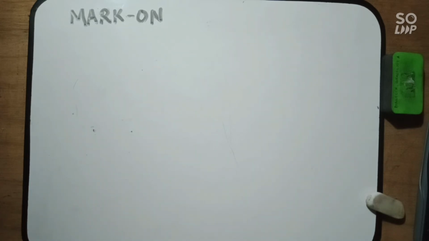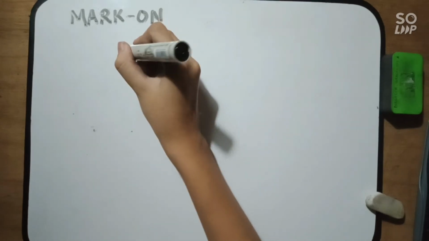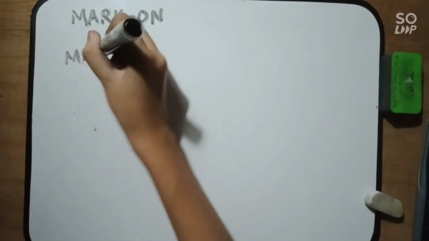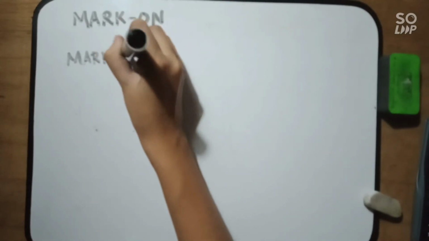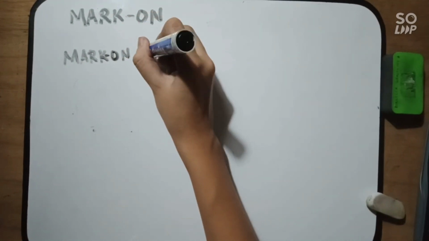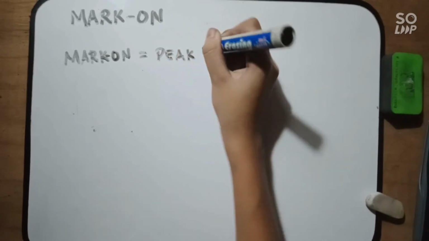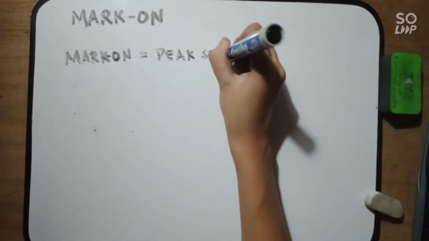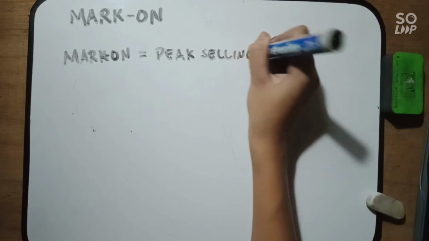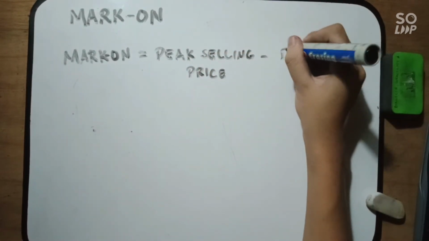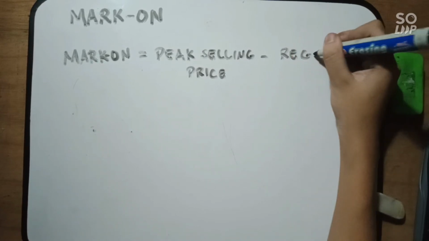So the formula for mark-on is mark-on is equal to peak selling price minus the regular selling price.